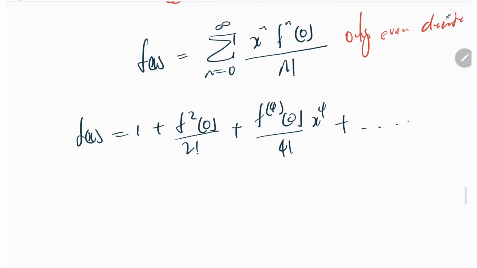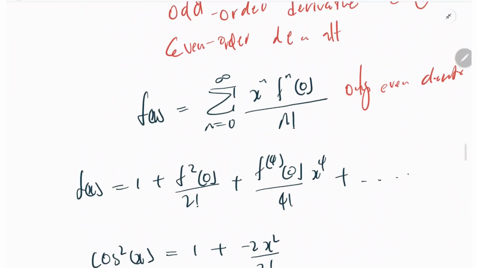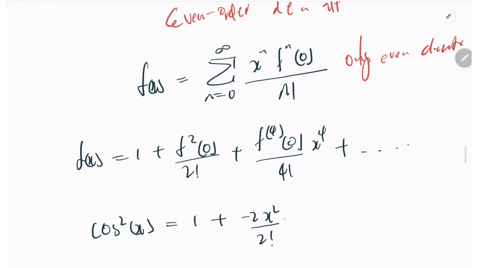So we can substitute the values from earlier, from that table that we did. Now we can say cos squared x is equal to 1 plus negative 2x squared over 2. Remember, I'm substituting these values because they're the ones showing in the Maclaurin series. Plus 8x to the 4 over 4 factorial plus negative 32 over 6 factorial.